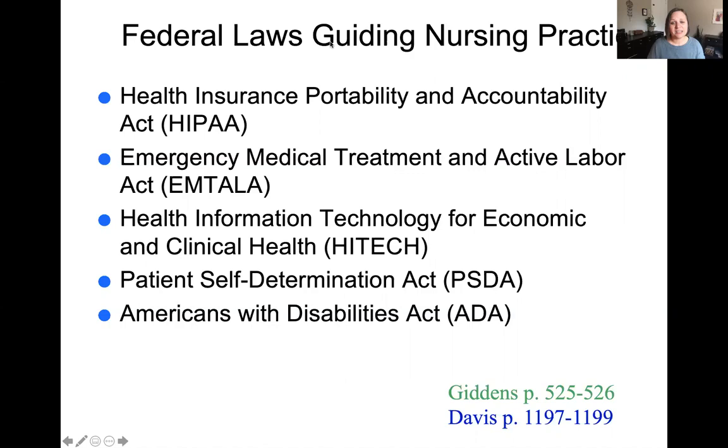And then the Patient Self-Determination Act, which requires hospitals and healthcare providers to inform patients of their Bill of Rights as a patient. And then the Americans with Disabilities Act, the ADA, which protects those with disabilities to make sure that their healthcare is at the same level and accessibility as those with able bodies.